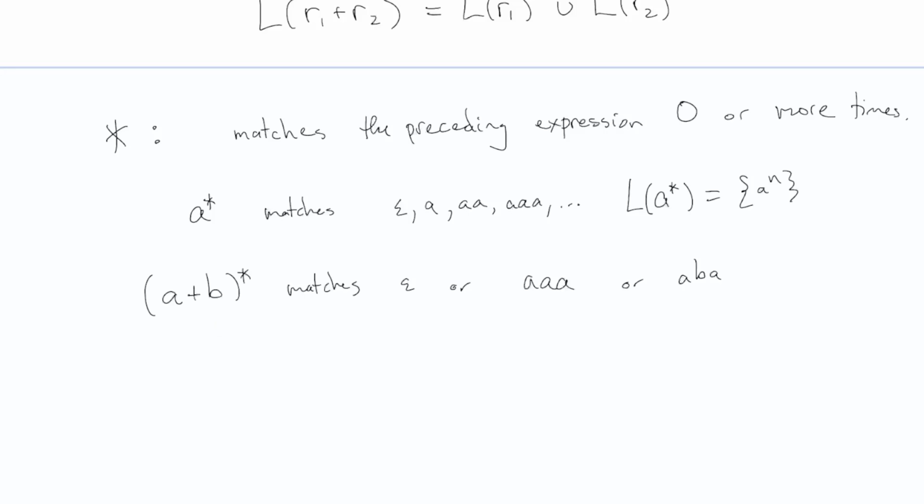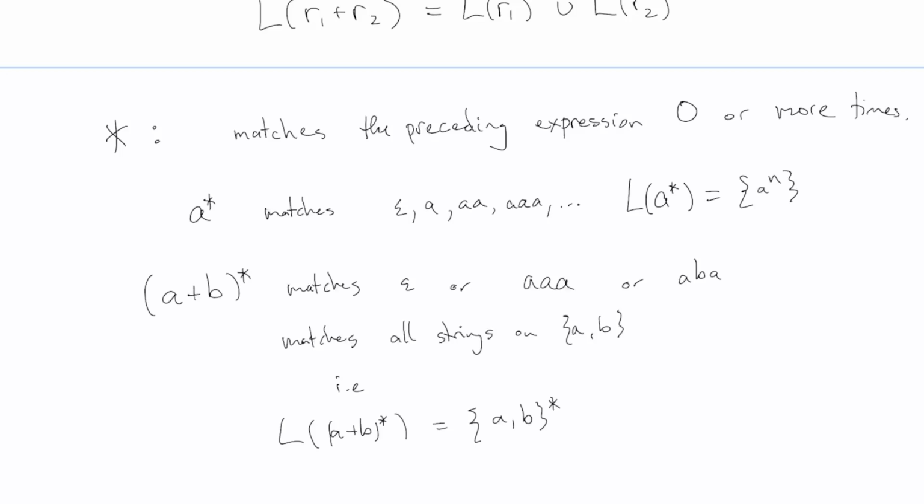It's like all strings in the language of A and B. Yeah, I think really this just matches any string which is made up of A's and B's, or even the empty string, right? So this actually matches all strings on A and B. In other words, the traditional way of writing this, the language of (A plus B) star, earlier in the course we wrote that like this, AB star.